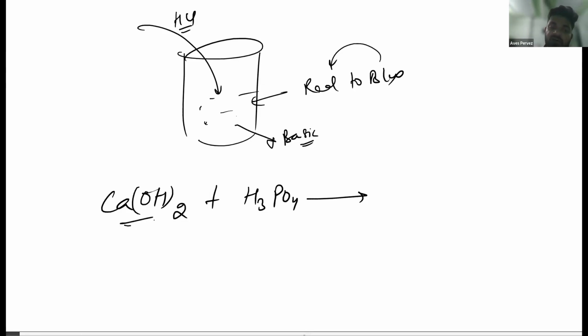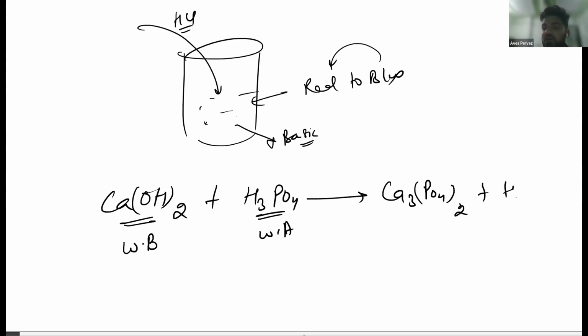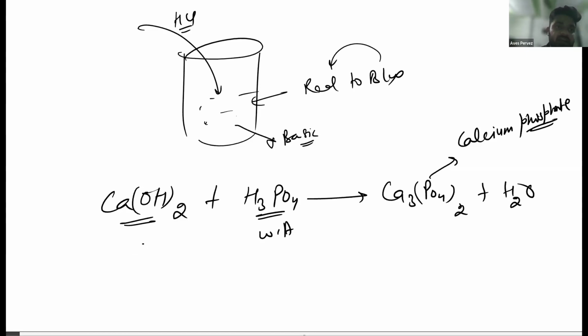I have taught you that this one is a weak base and this one is a weak acid, so it should give you the neutral salt Ca3(PO4)2 plus water, that is calcium phosphate. But I have written as a star that calcium hydroxide acts as a strong base in front of a weak acid. So it is a basic salt.